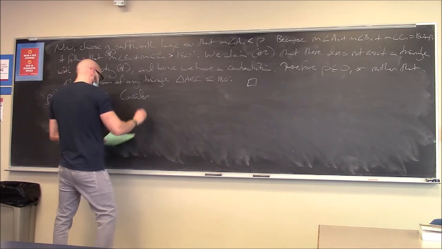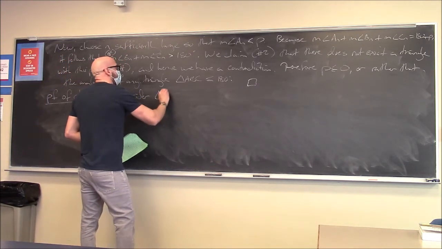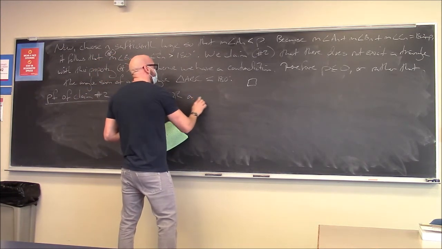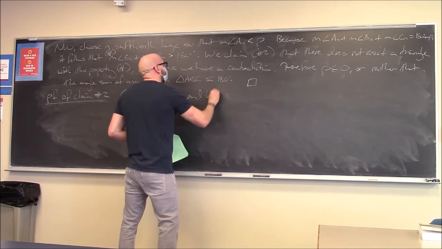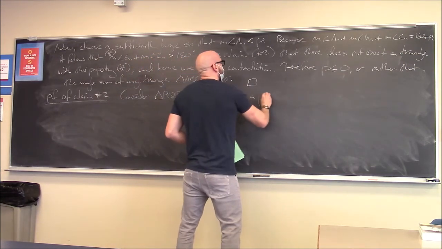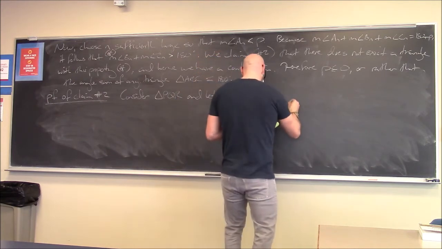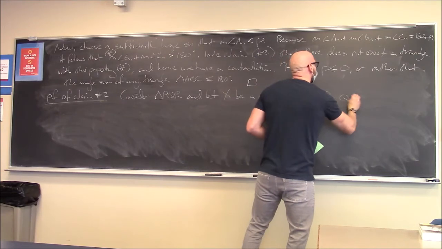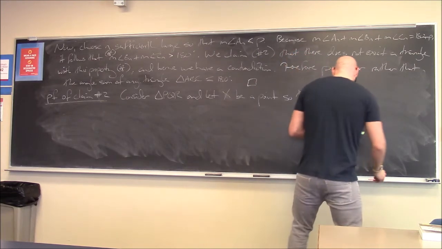So let's see. Let's consider triangle PQR, and let X be a point so that P, then Q, then X are all collinear.